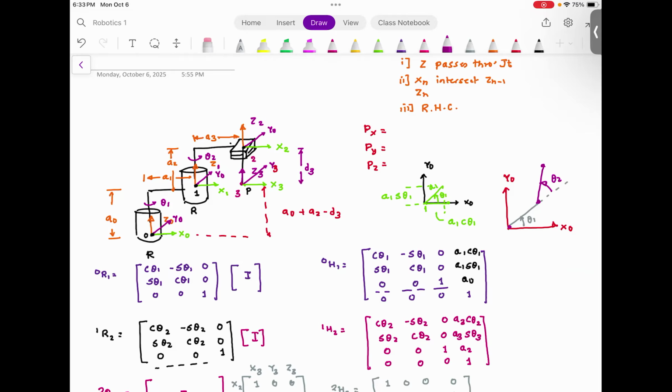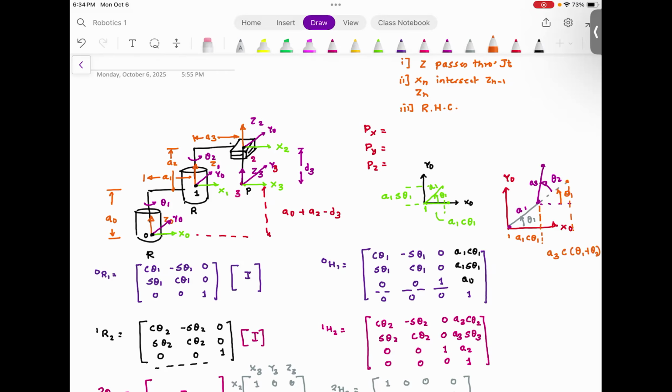Does it look similar to you? It is similar to the very first problem I solved, with A1 and A3. So this angle is theta 1. Here you have A1 cosine theta 1, and here you have A3 cosine of theta 1 plus theta 2.